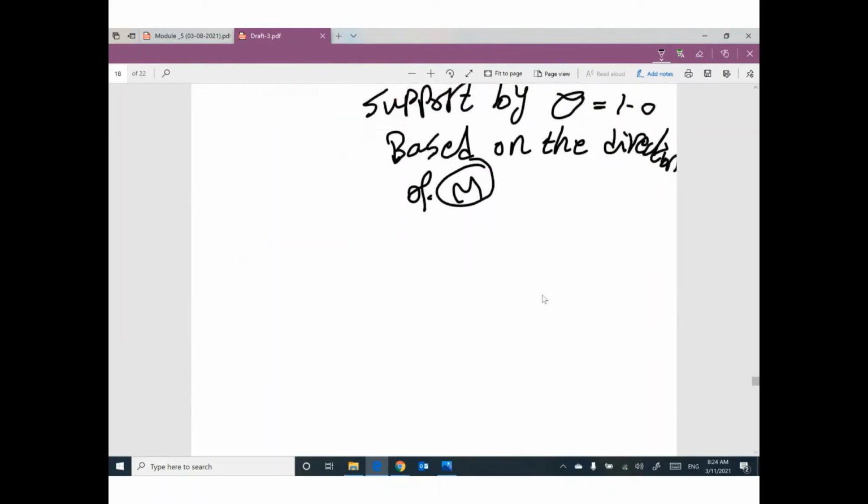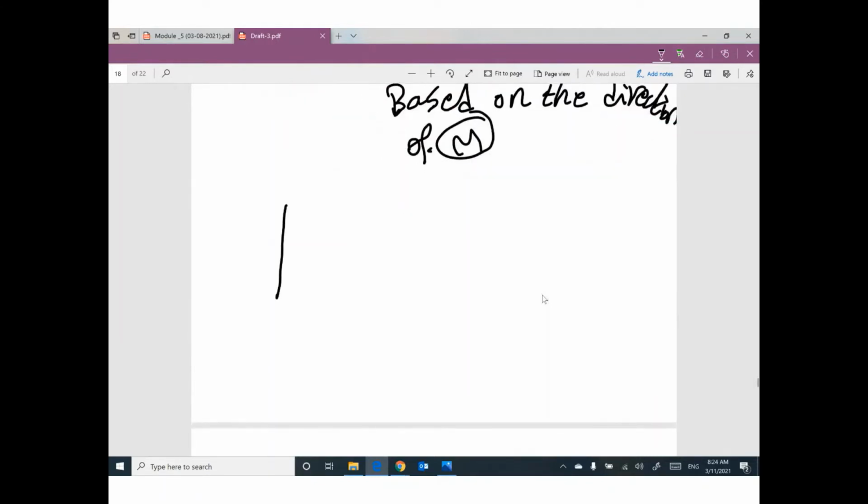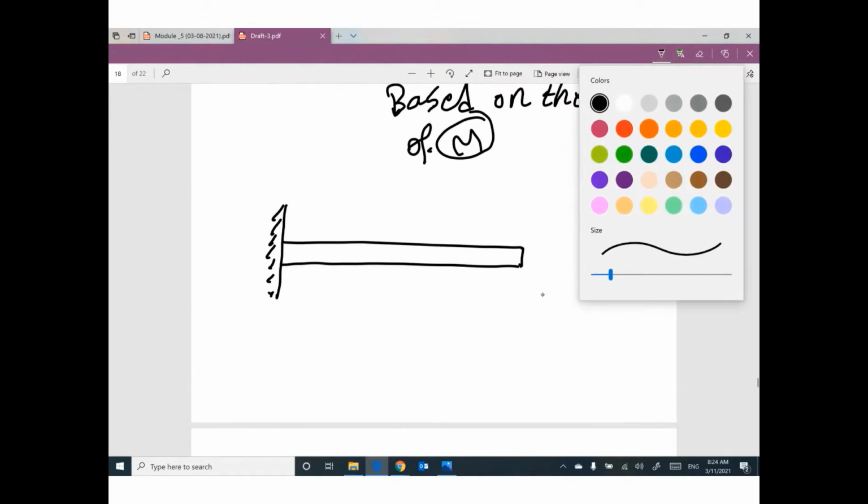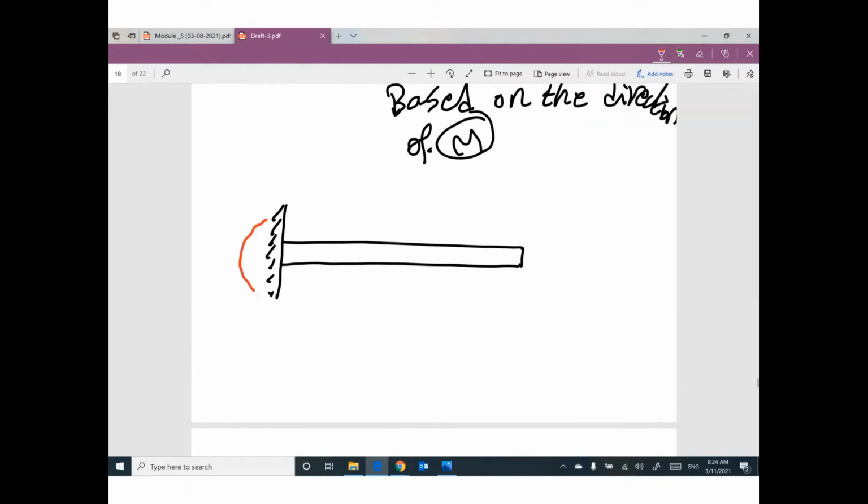Let's do it one more time. We have fixed here. This fixed is supporting this beam. So I have moment. Which direction am I going to assume this moment? I'm going to assume this moment to make this beam smile, so I will assume it like this, MA. Can you rotate this fixed by angle theta equal 1? Which direction? In the same direction as this moment.